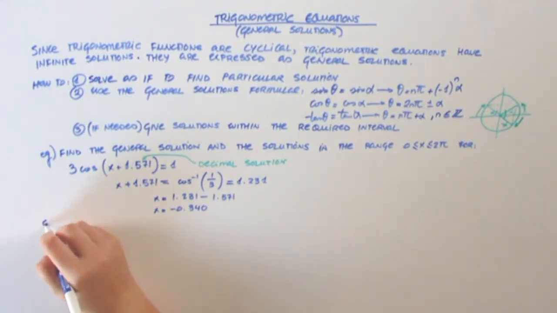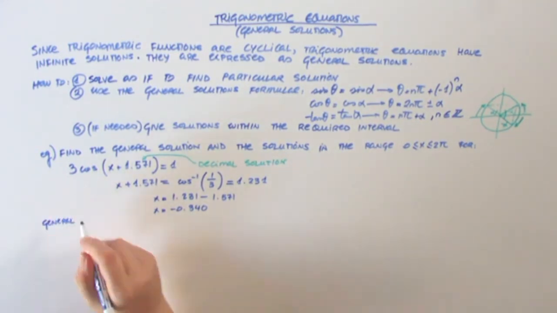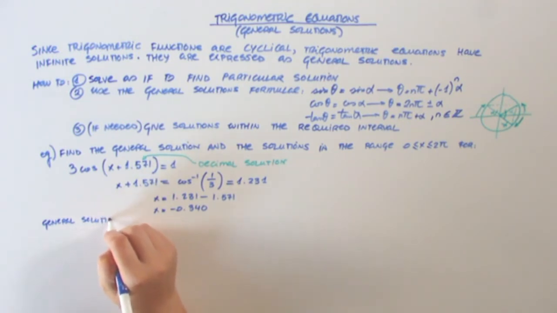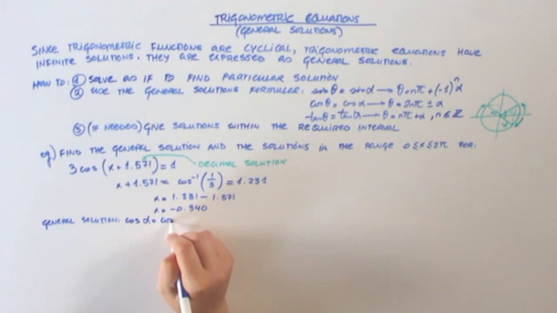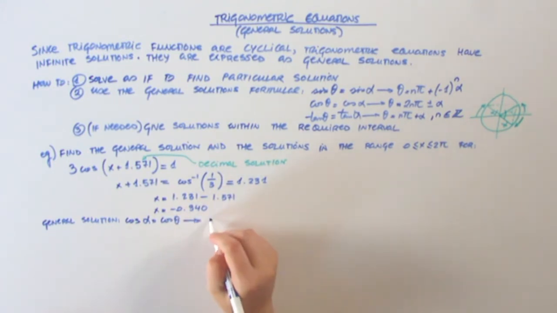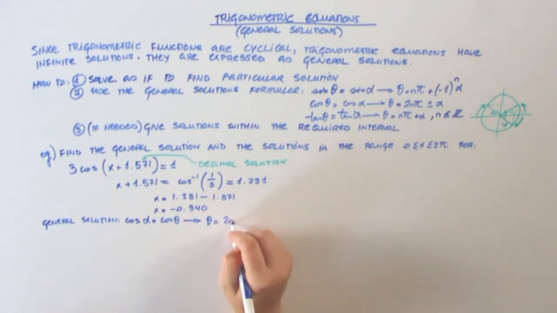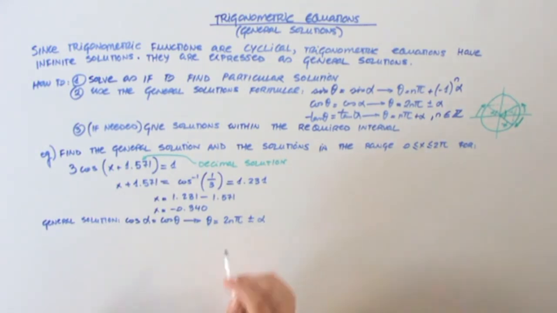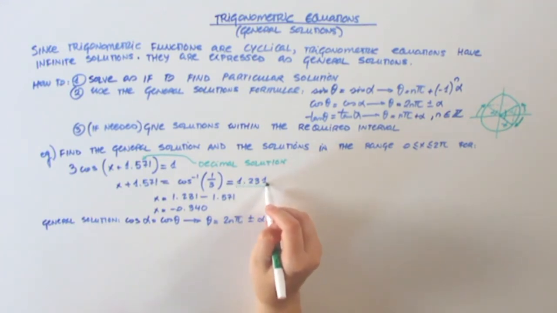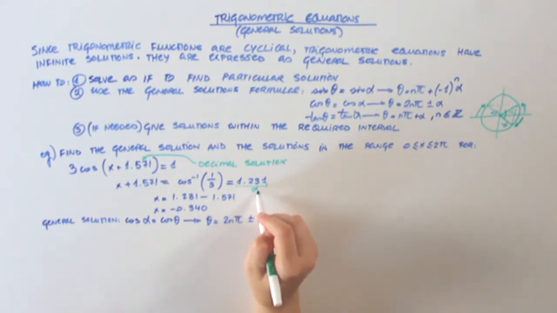So then, because the trigonometric ratio that I saw in the equation is a cosine, I would use that general solution formula. Theta equals 2n pi plus or minus alpha. Now remember that alpha is the solution that I get when I do the inverse of the cosine, the arccosine.